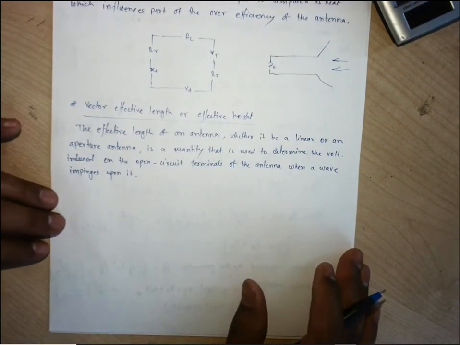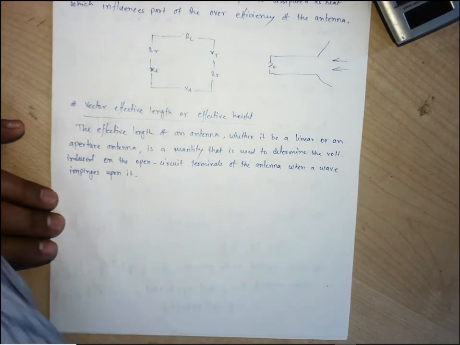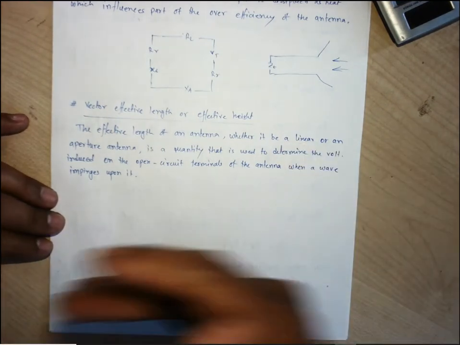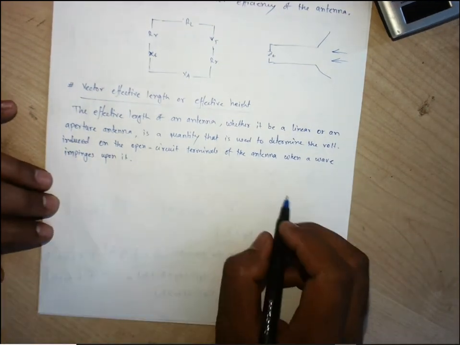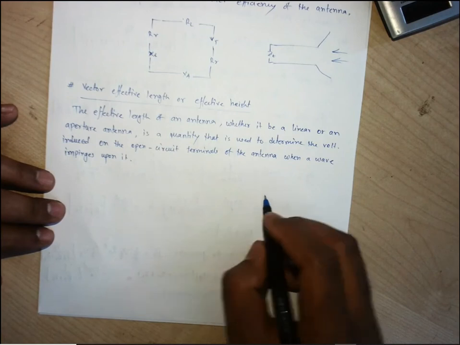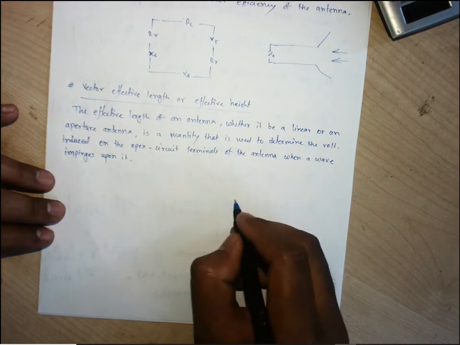So this effective length can be either in the direction of the elevation plane or in the direction of the azimuthal plane. Let us take an antenna like this.